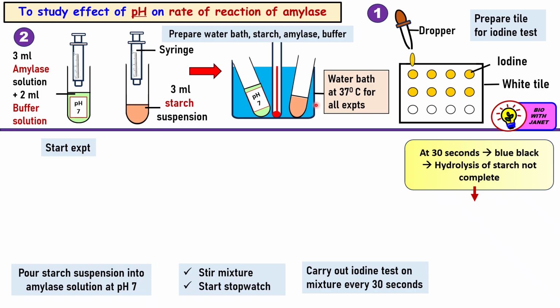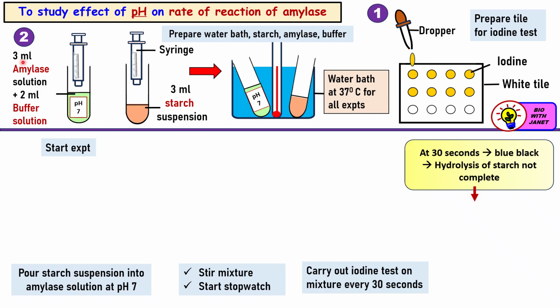So here's a diagram to help you visualize the steps of this experiment, to help you remember the steps well. Firstly, I'll start with number 2 here. Prepare the tile for the iodine test by dropping 2 drops of iodine into each of the grooves. Then, number 2, you have to prepare the amylase enzyme solution, the buffer solution, and the starch suspension.